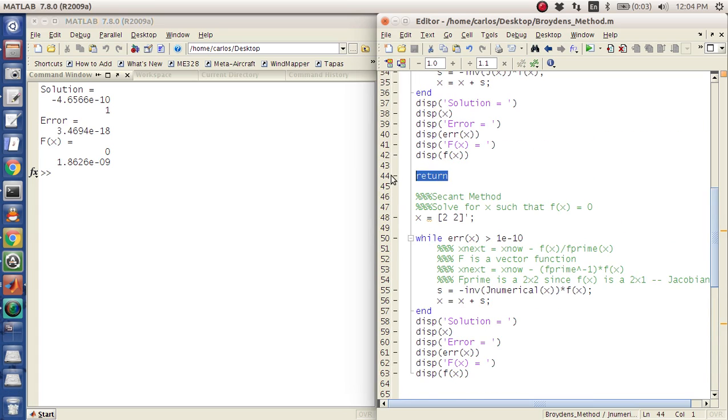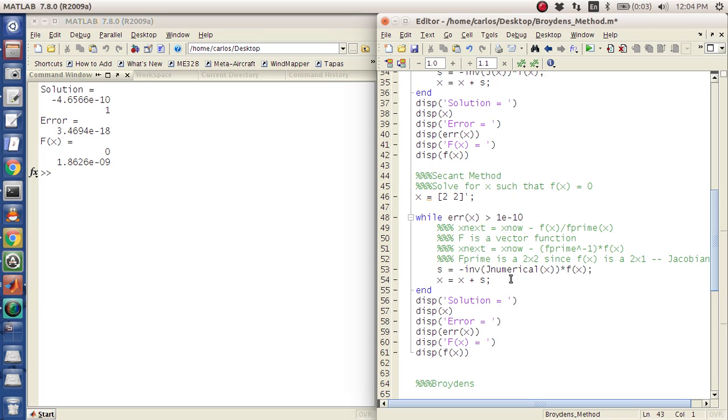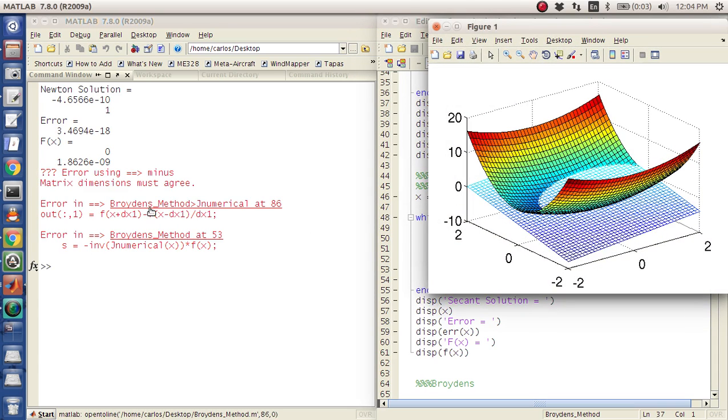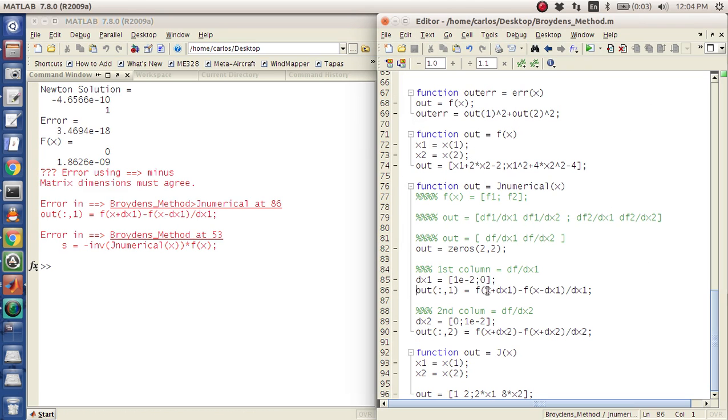And so that will approximate our derivative. If I run this, let's do secant solution, Newton solution. Hopefully this worked. Oh, blast, didn't work. What's happening here? This is a column. Oh, you can't divide.